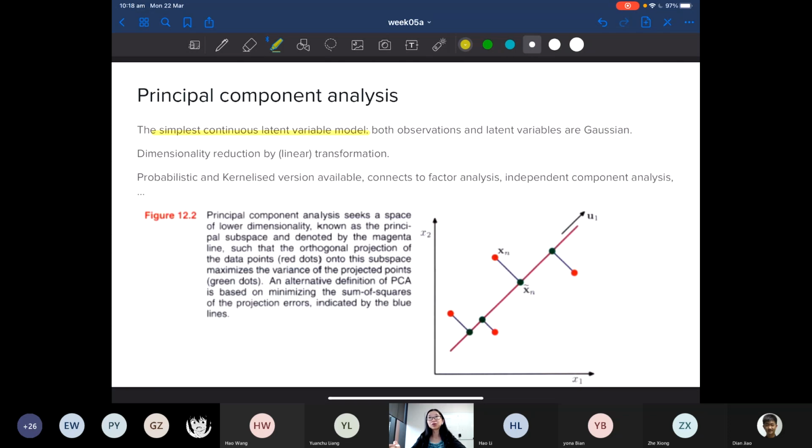When we live in 2D and want to reduce the dimensionality, we can only find 1 dimension, right? More importantly, both the observations and the latent variables are Gaussian. And we assume that we find this 1-dimensional subspace that is important or principal, right, by linear transformations.